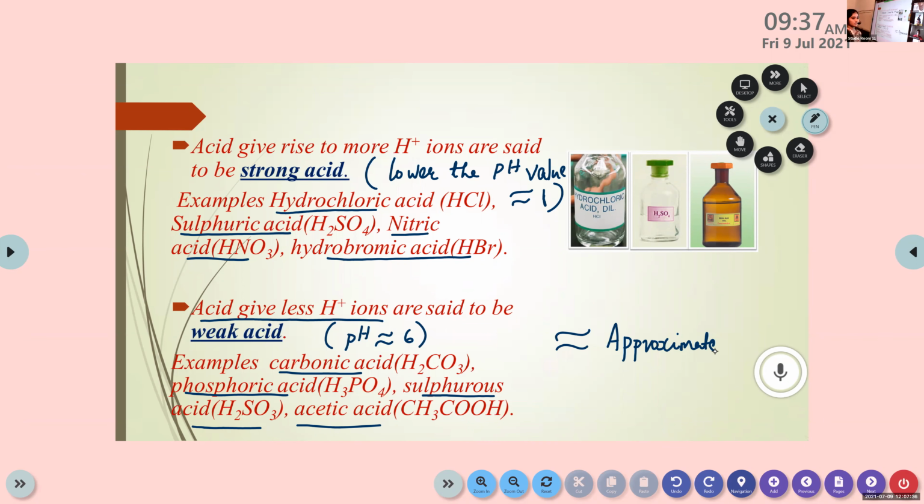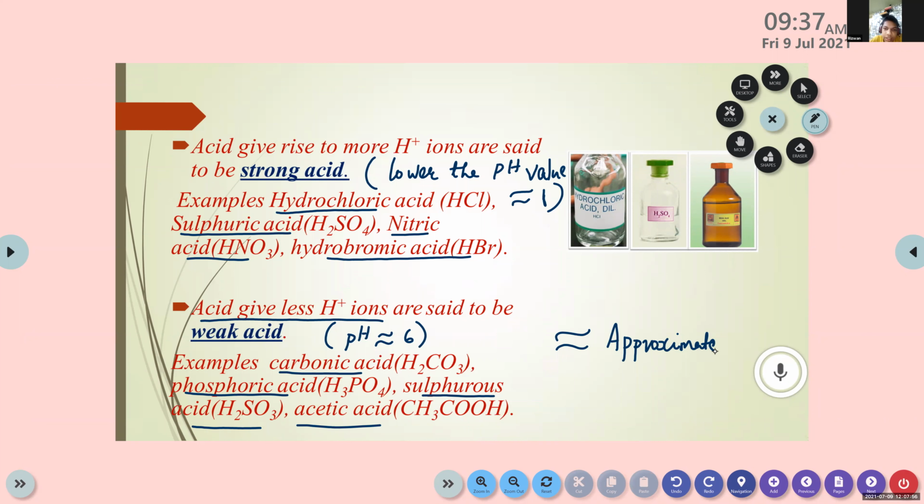Can you please read the slide? Yes, ma'am. Acid gives rise to more H plus ions are said to be strong acids. Lower the pH level is equal to 1. Approximately equal to, not equal to. Okay, approximately equal to 1.